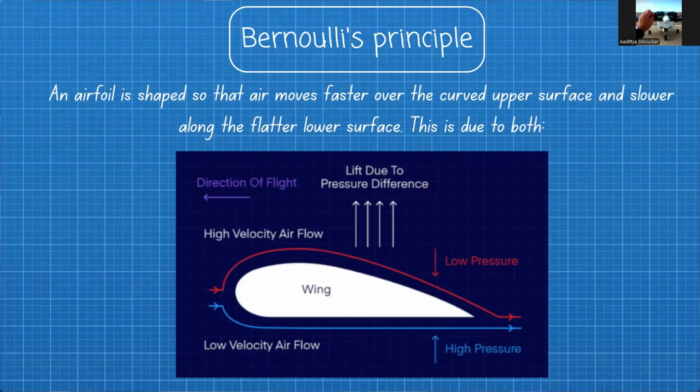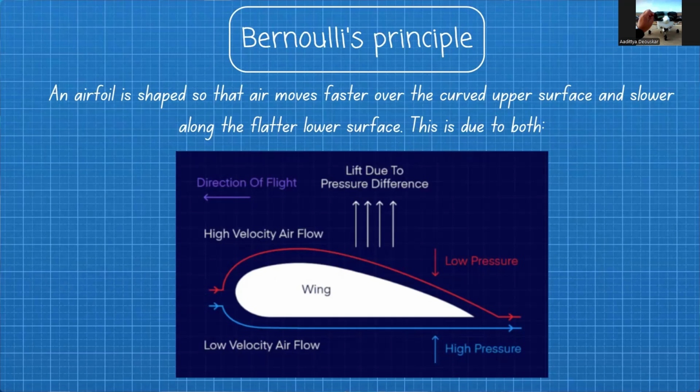Okay, so we know that according to Bernoulli's principle, higher velocity of air leads to a lower pressure region, and a lower velocity of the air leads to a higher pressure region. So an airfoil is curved and shaped in such a way that the air on the top surface, or the upper surface, moves faster.